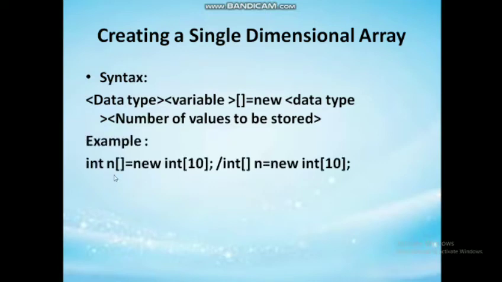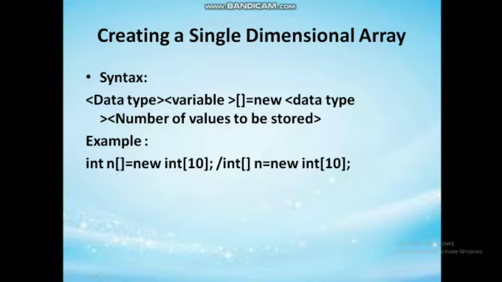int nArray[] = new int[10]. That means nArray is an array variable since it is indicated with square brackets, is equal to new int of 10. So this nArray can store a maximum of 10 elements.